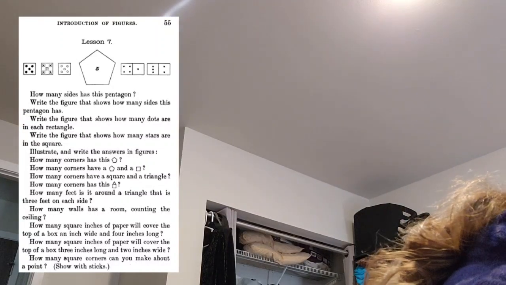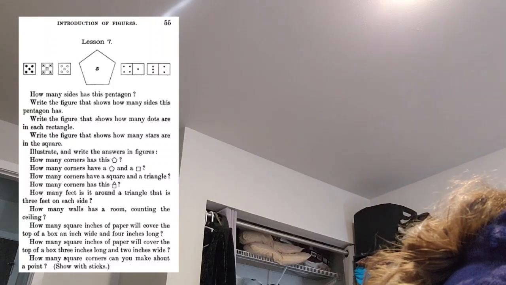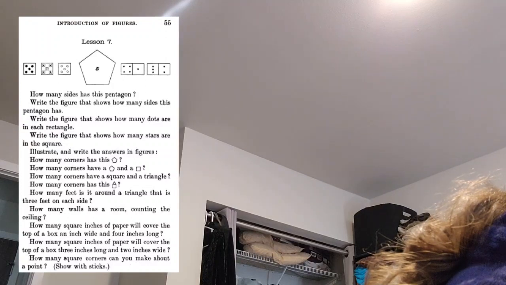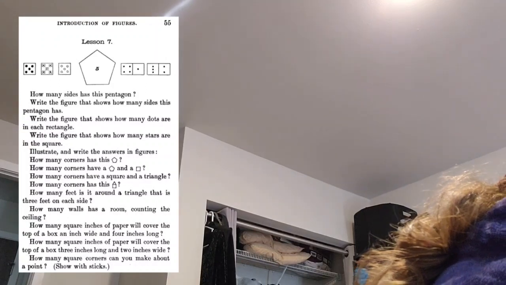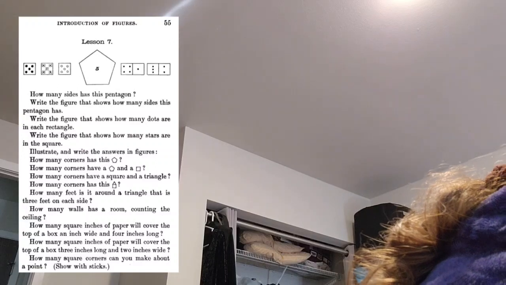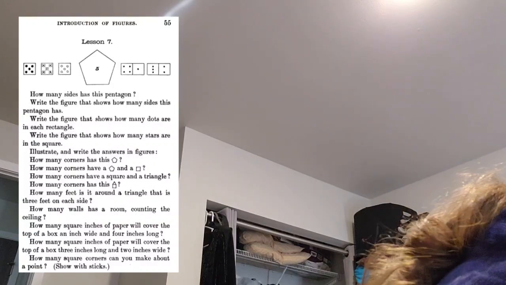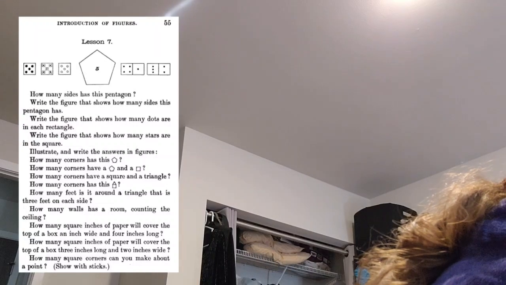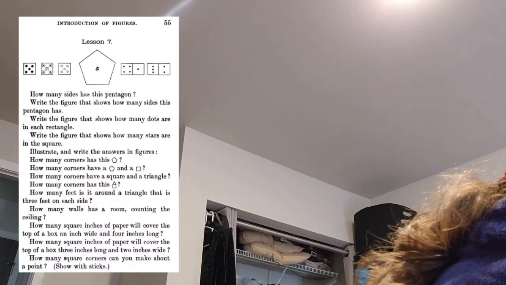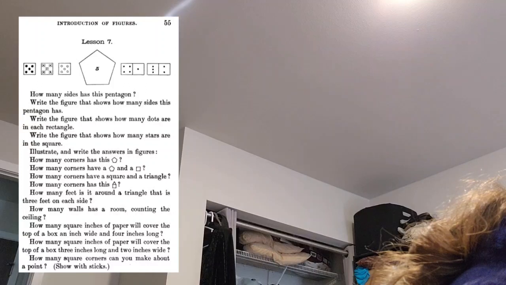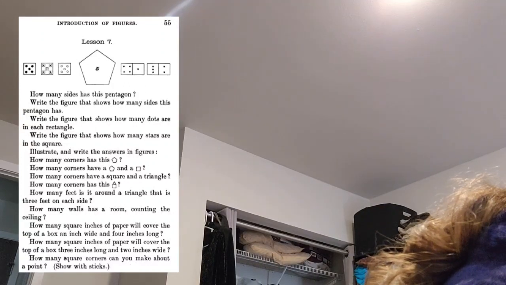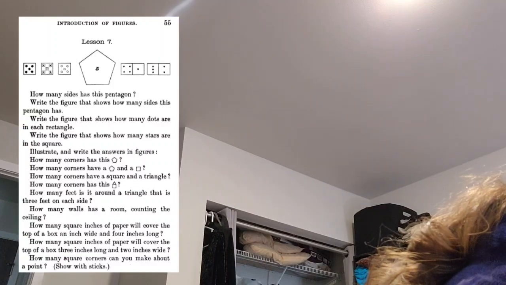That would be 5 square inches, if I'm doing this correctly. The next one says, how many square inches of paper will cover the top of a box 3 inches long and 2 inches wide? That would be 6 squares of paper.